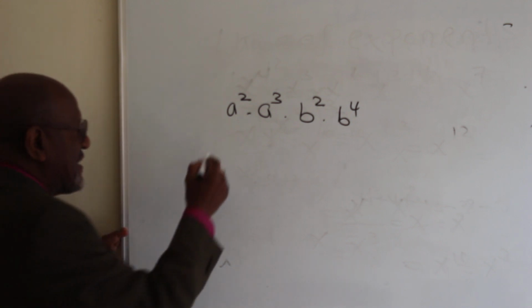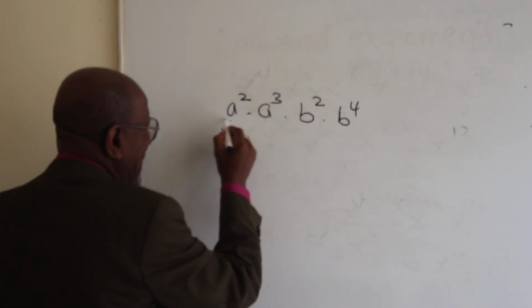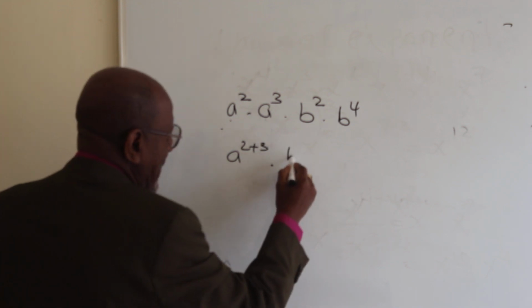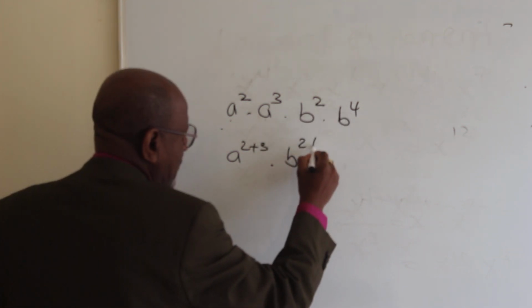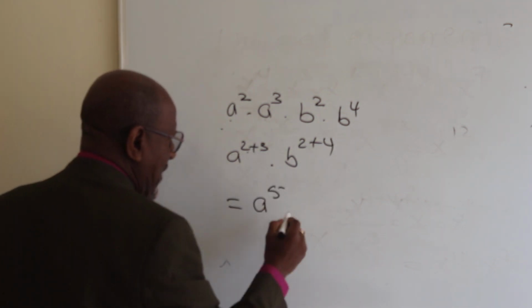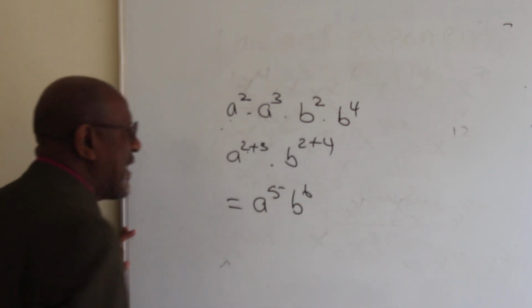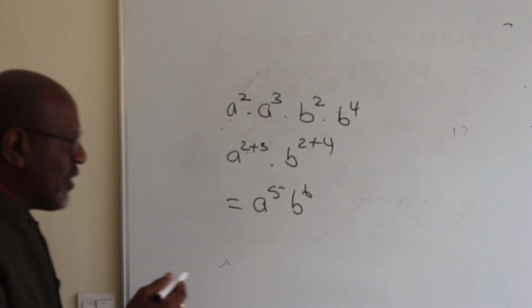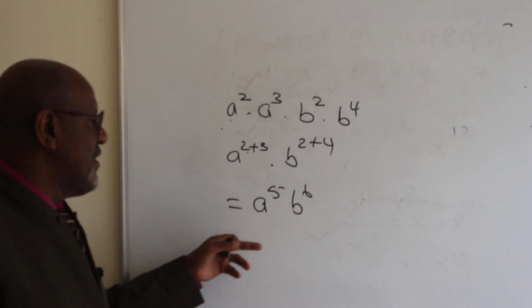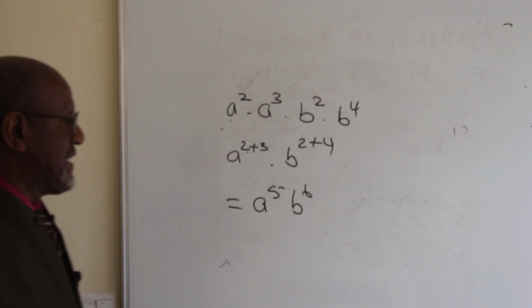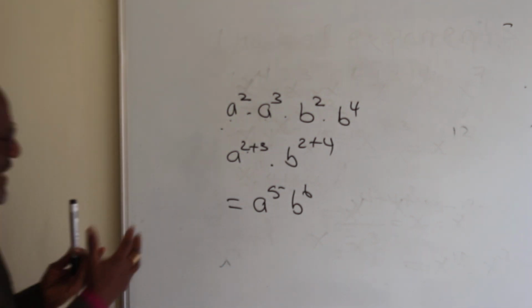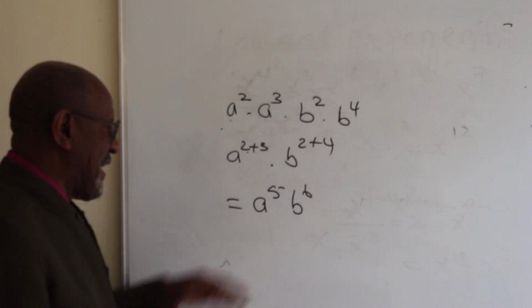So these bases are the same, so it's a to the 2 plus 3 multiplied by b to the 2 plus 4. That gives us a to the 5th, b to the 6th. We can't do anything further, because the rule talks about terms of the same base, and these are different bases, so we leave them as they are.